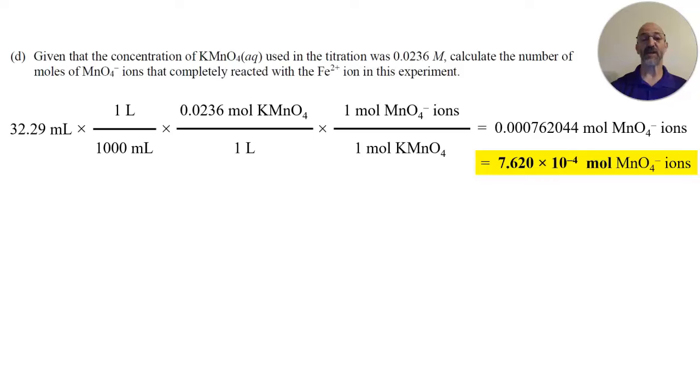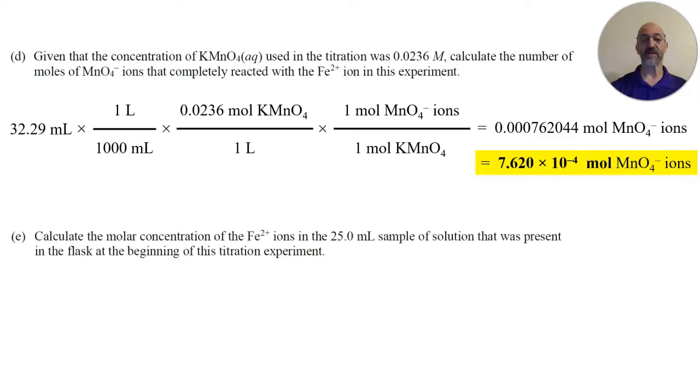Remember, this is a titration in which there was a reaction with iron 2+. Let's go ahead and use the stoichiometry to answer Part E of this question. So calculate the molar concentration of the iron 2+ ions in the 25.0 milliliter sample of solution that was present in the flask at the beginning of this titration experiment. So let's take a look at our balanced chemical equation, because we have to go from moles of permanganate ions to moles of iron 2+ ions.